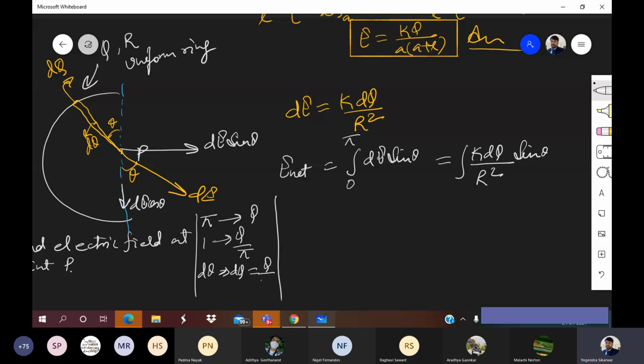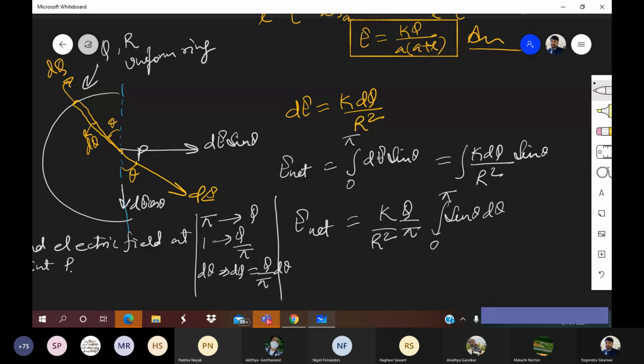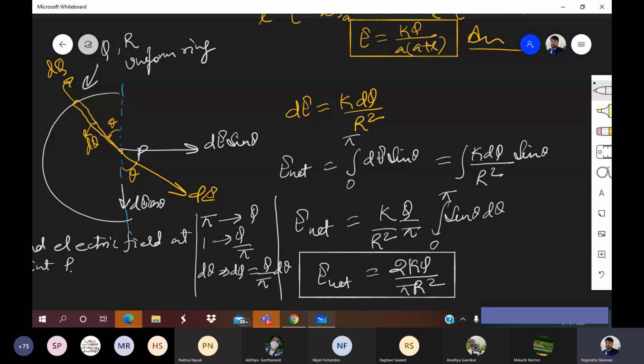So E net comes out to be k upon r square, which is constant, integration of sin theta d theta, and the limit is from 0 to pi. Integration of sin theta d theta, I know its value is 2, so E net comes out to be 2kq by pi r square, and that is the direction of E net.